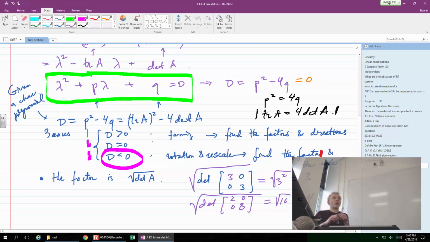Okay, so the determinant, that is linear algebra, we just didn't have the time to discuss it, but the determinant is the area of a parallelogram formed by the two basis vectors. So wherever the two basis vectors go, they form a parallelogram, and the area gives us the determinant.